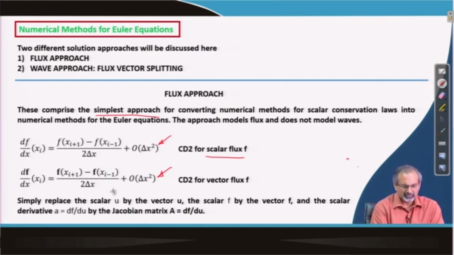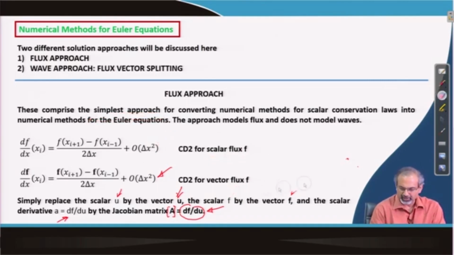So, what you are doing is simply replacing the scalar u by the vector u, the scalar f by the vector f, and the scalar derivative a, df/du, where f is a scalar, u is also a scalar, by a Jacobian matrix. So, that is the only big difference which is coming up, but functionally it looks very similar. So, this is how the flux approach calculations are essentially done.